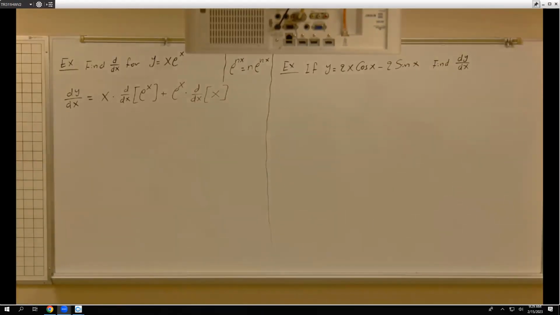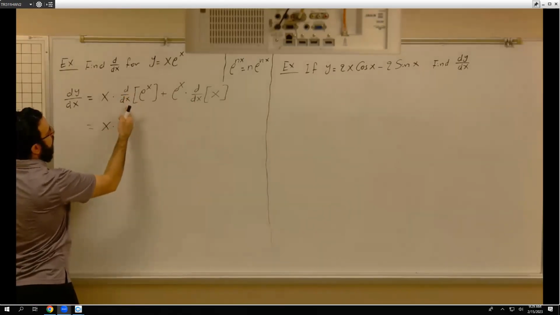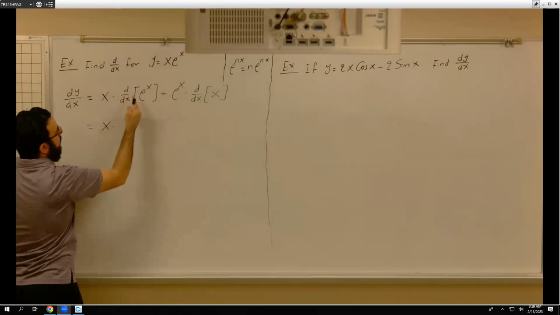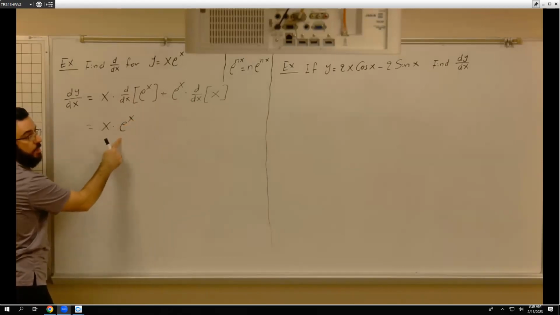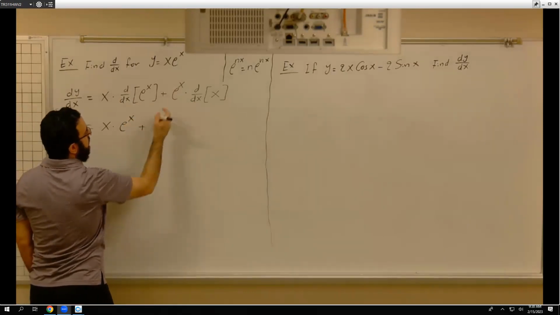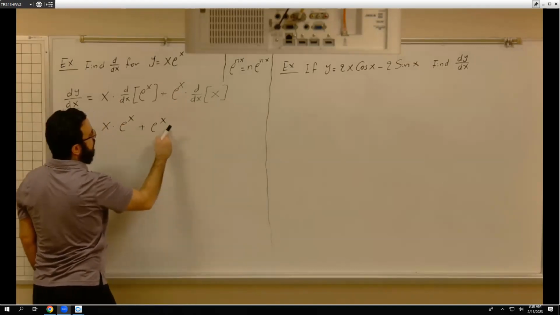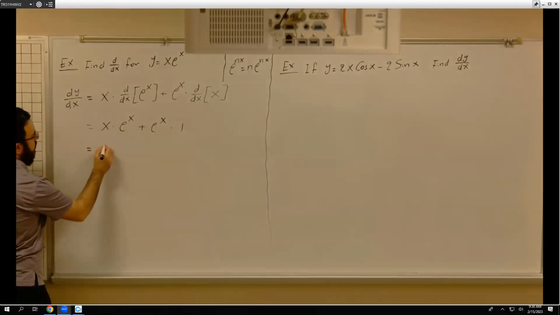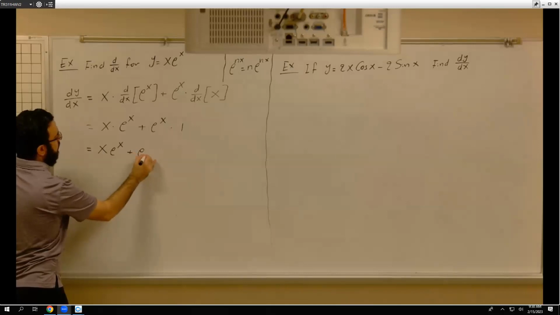Now, this is equal. Here is x times the derivative d over dx of e to the x. The number here is 1, so it's going to be 1, and the same function e to the x. Plus, here is the second function e to the x. The derivative of x is going to be 1, so times 1. That means it's going to be x e to the x plus e to the x.